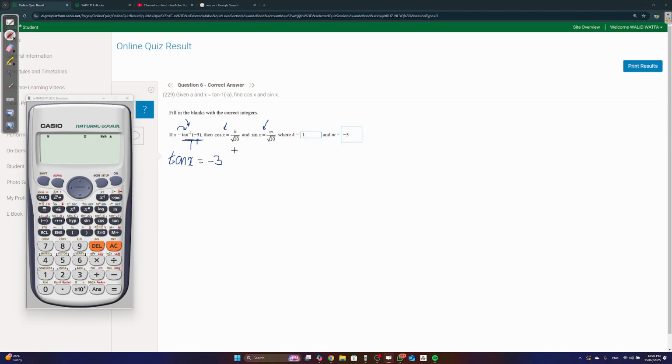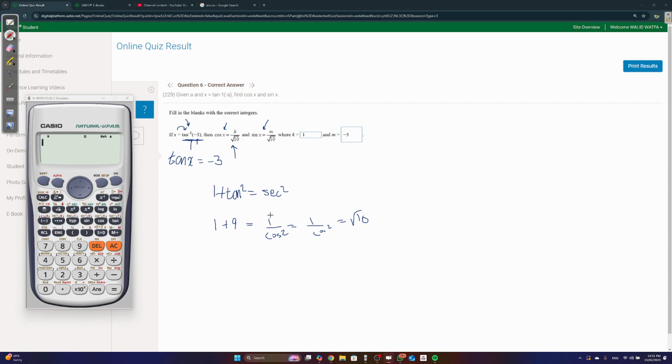You can solve this very easily. We can use 1 plus tan squared equals secant squared to find cosine. So 1 plus 9, because negative 3 squared is 9, is equal to 1 over cosine squared. So 1 over cosine squared is equal to 10.